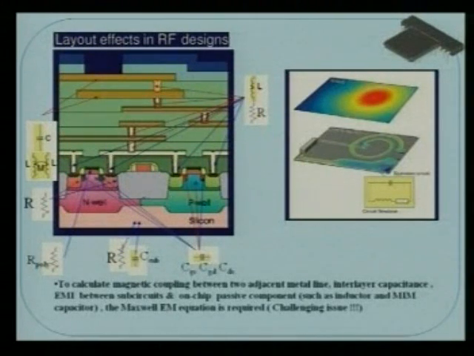If you look here, these two connectors, they are in different levels and they are separated by an oxide layer. Now if there is a signal passing through both of these conductors, what will happen?